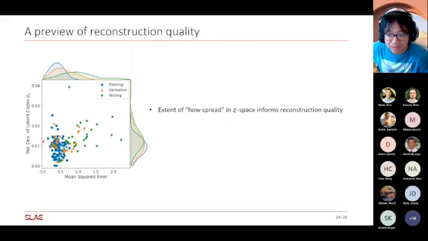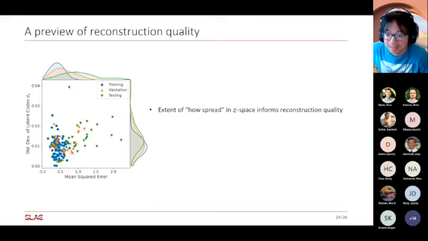We can see in general there is a positive relationship between these two metrics, mainly in the validation and testing datasets. But there's no clear connection in the training set, which we suspect is because of overfitting, but we are not entirely sure now.